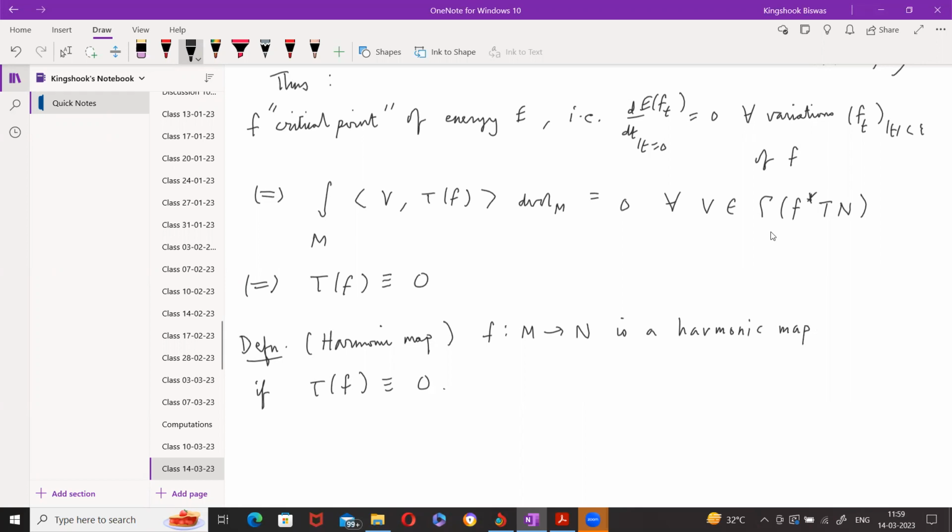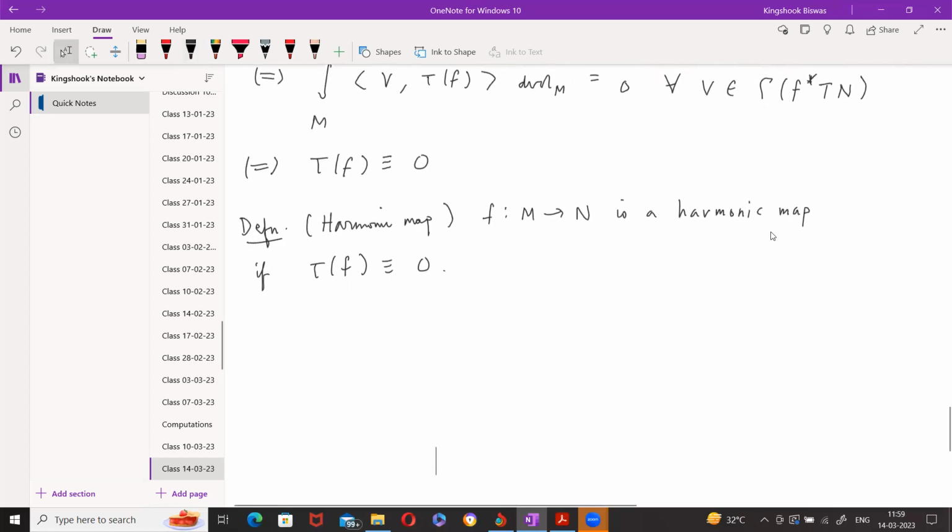Yes, sir. So for example, if gamma is a curve in M, what is nabla d gamma? Maybe I should do this out explicitly.